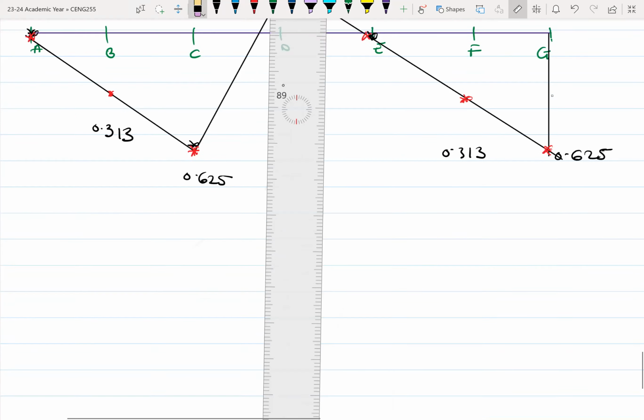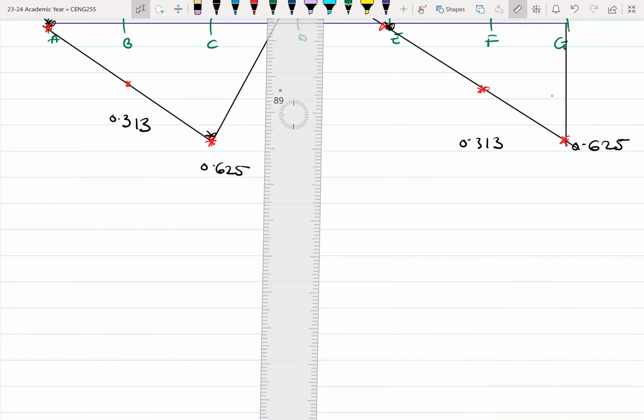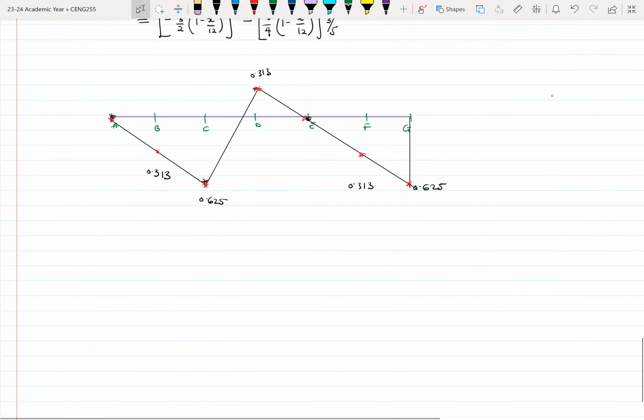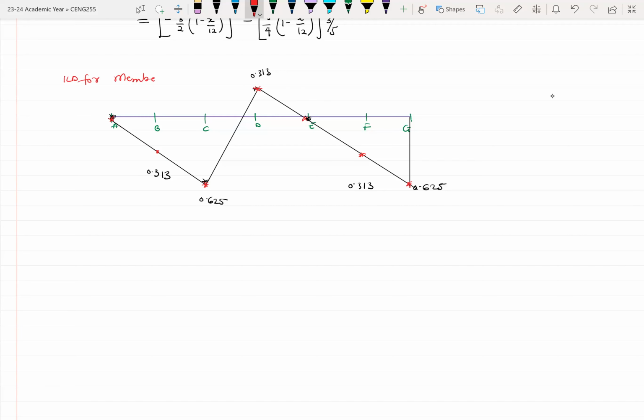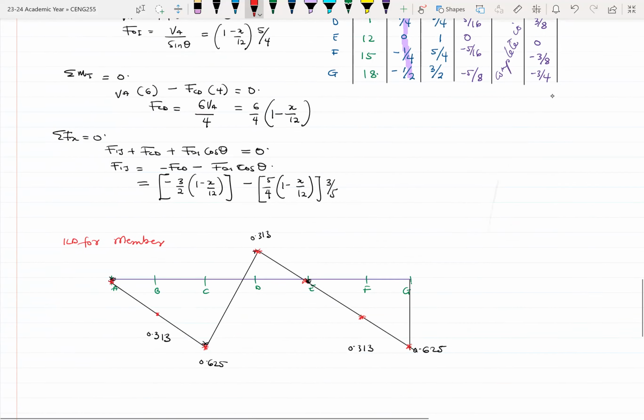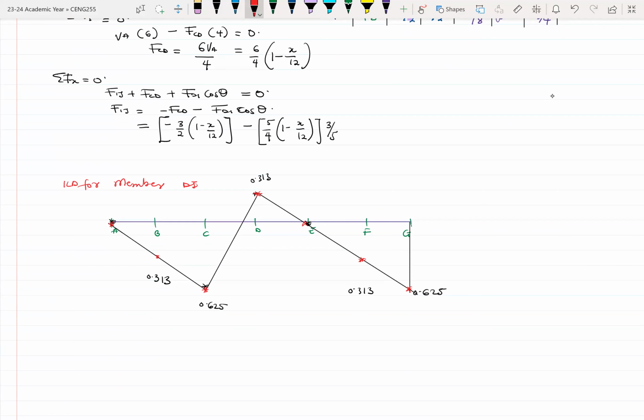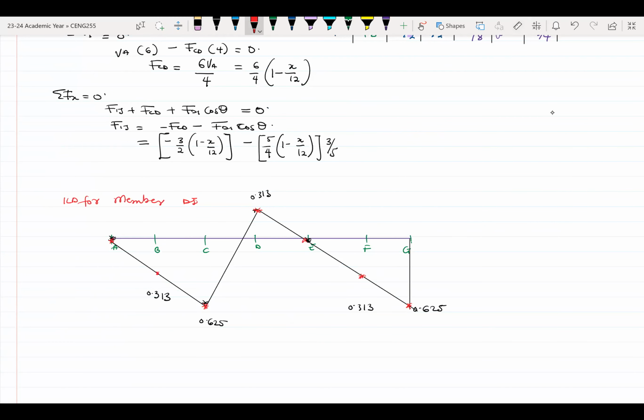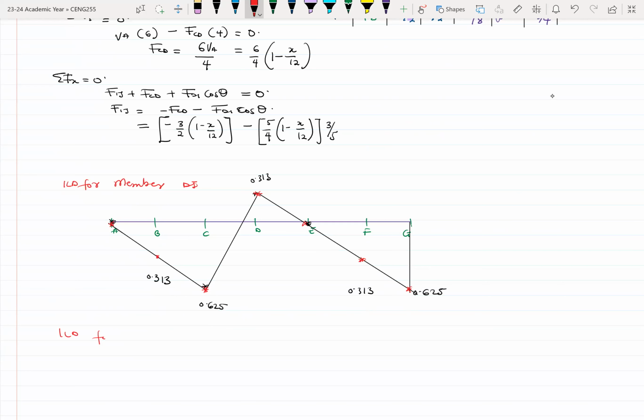Okay, so this is the ILD for member DI. And we can draw something similar for member F's. We can also draw something similar for the ILD for member CD.